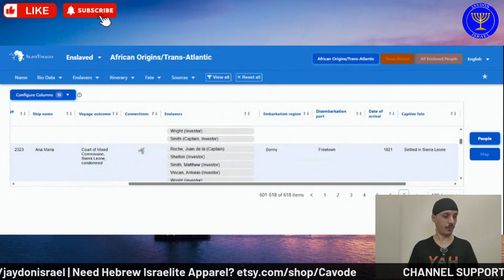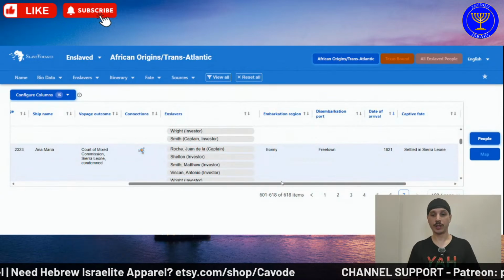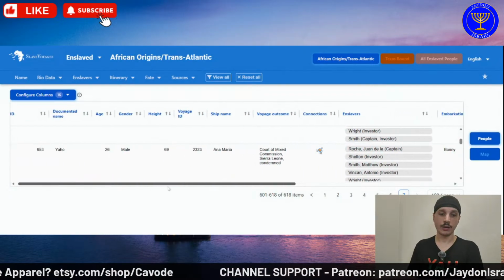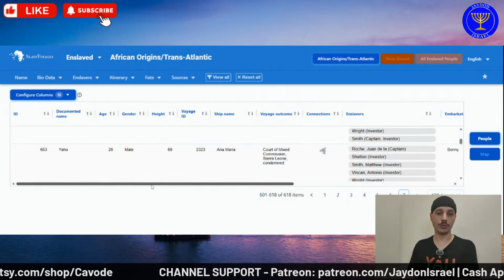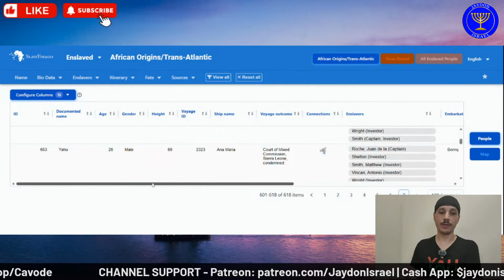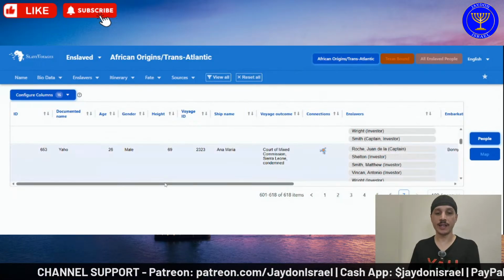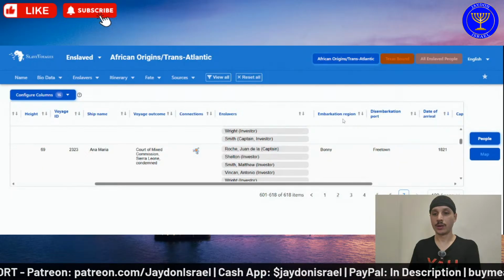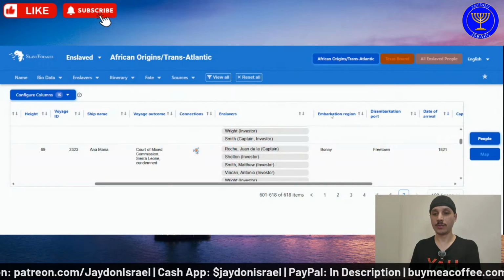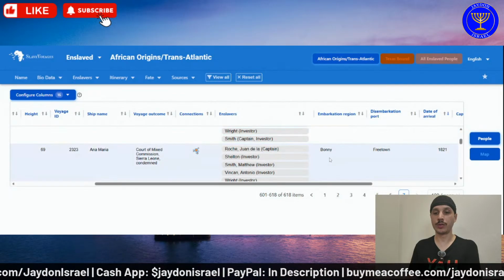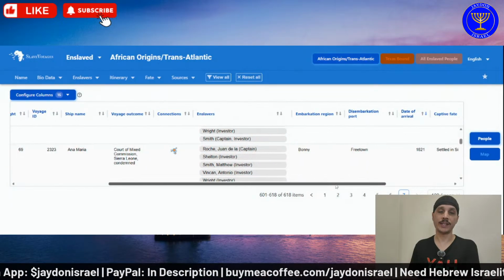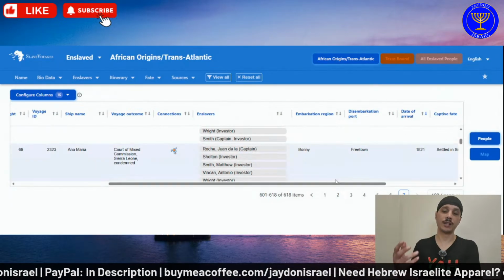Nigeria. Bonny Island, Nigeria. So not only are we seeing that the names are Hebrew, but the places where they were taken, and the region where the boats embarked, were in places where Israelites lived.